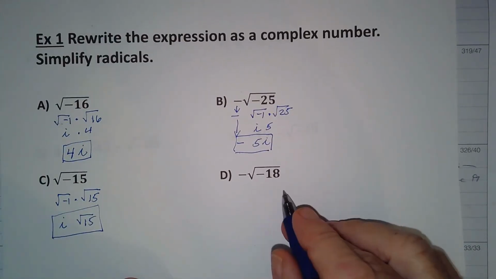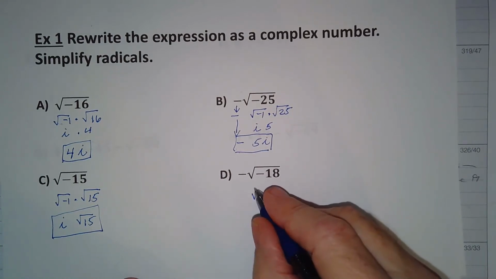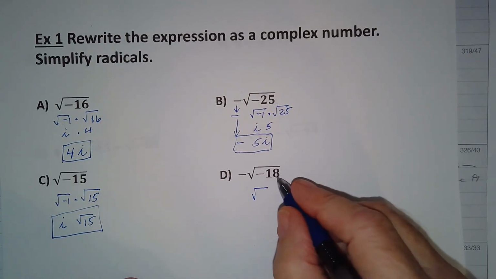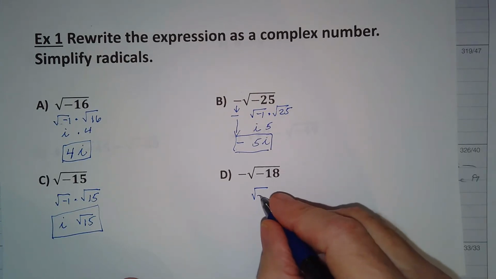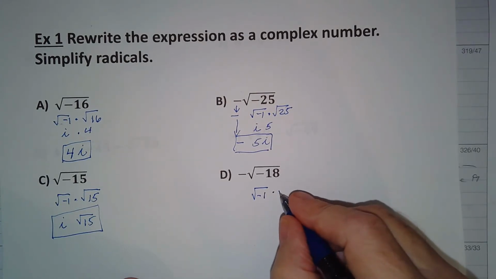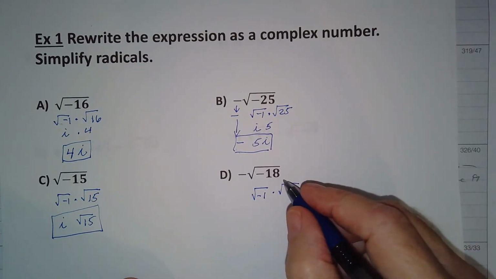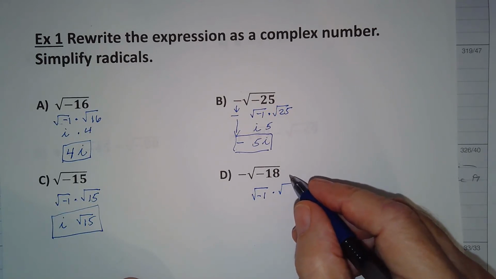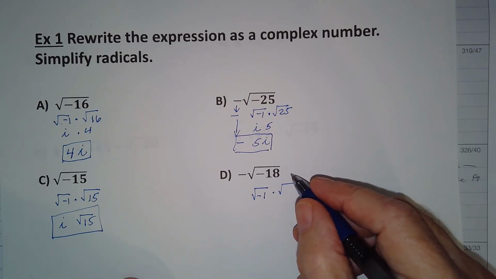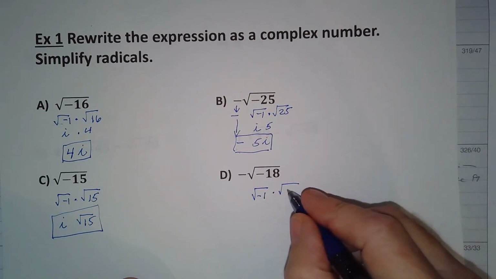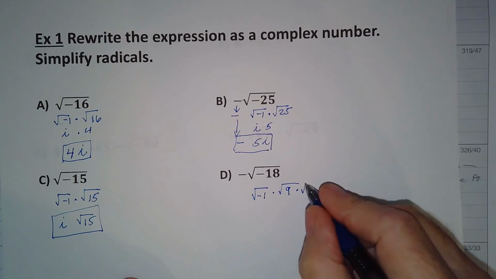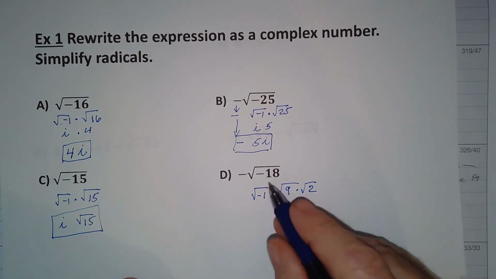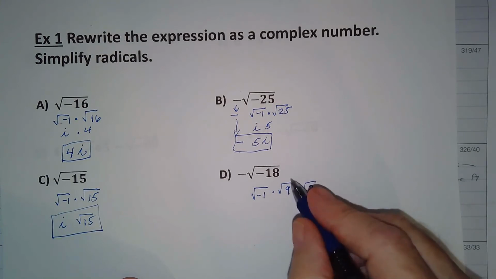All right, and on D over here, let's deal again with what's under the radical sign. So square root of -18 is the square root of -1 times the square root of 18. Well, let's see, 6 times 3 is 18, 2 times 9 is 18, okay, so we could factor this into square root of 9 times the square root of 2, right?